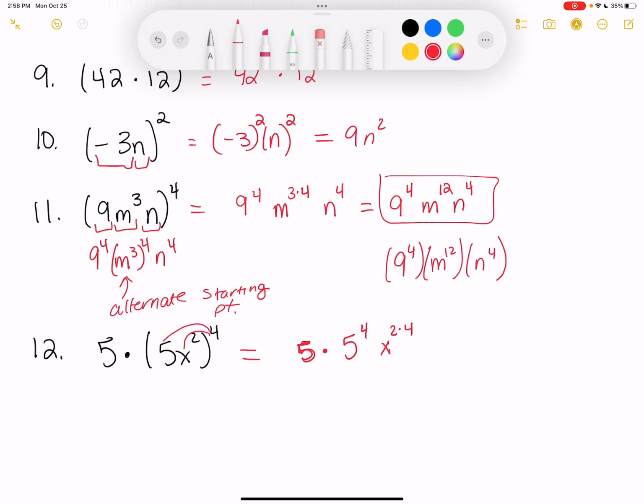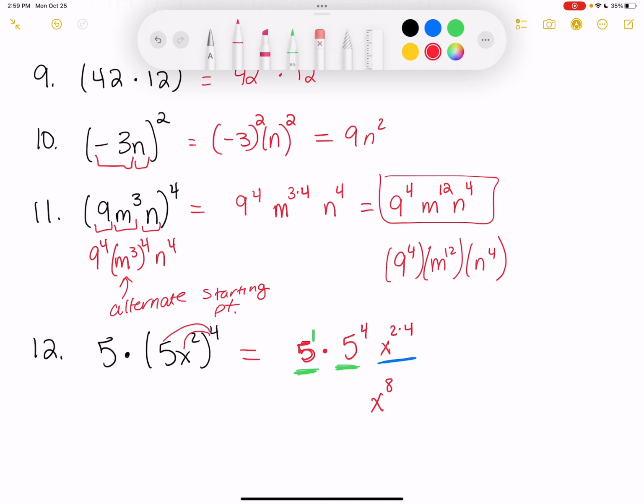Okay, so now there's a couple different things going on. I now have 2 base 5s. This first 5, remember, has the power of 1 on it. And then I've got this x to the 2 times 4, which is going to give me x to the 8. What about this 5 to the 1st times 5 to the 4th? Multiplying the numbers, what am I doing to the exponents?